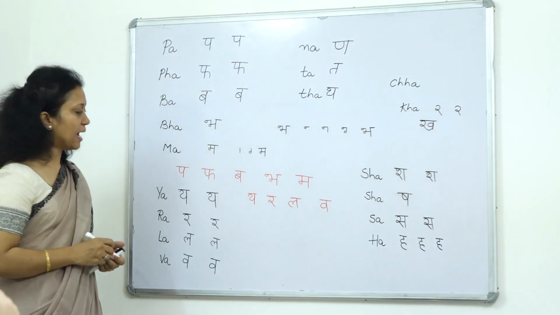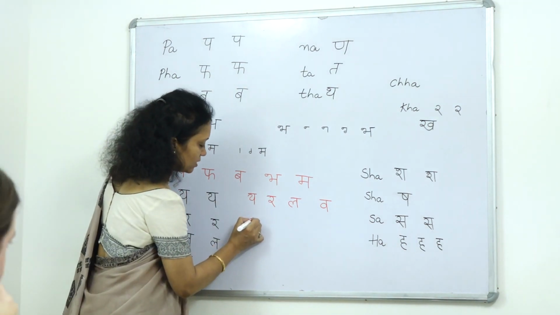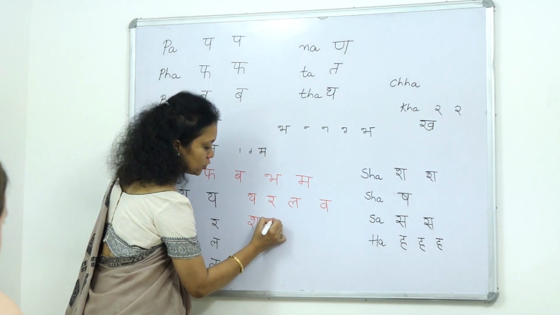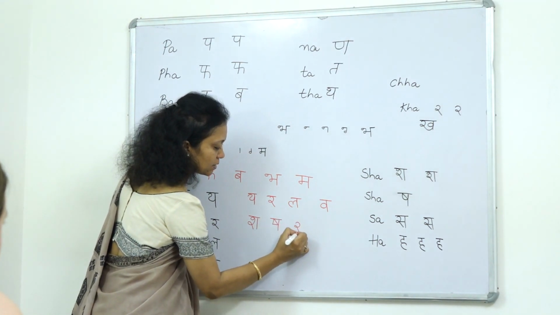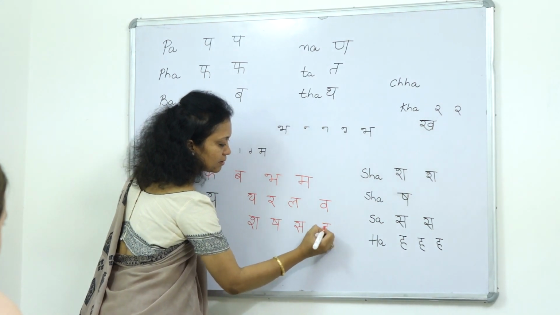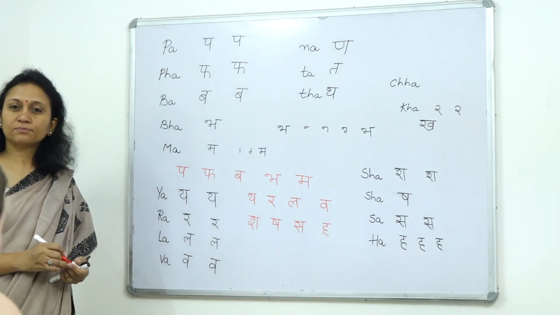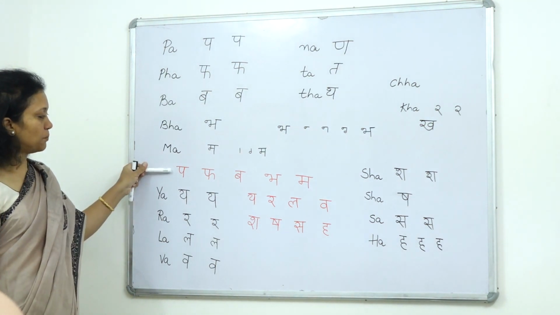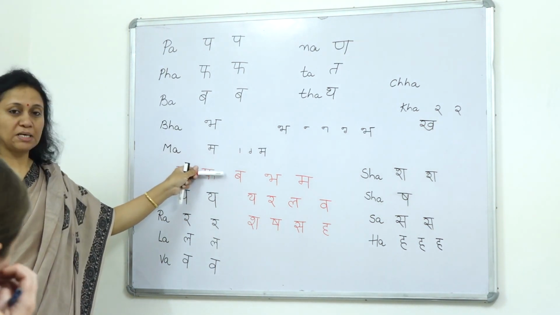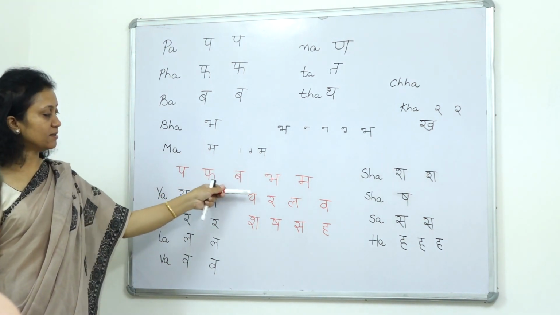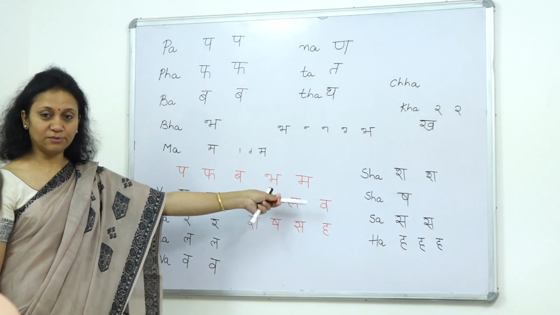Okay. Right? And when we do this, it is going to be sh, sh, s, h. So we've learned p, p, b, bh, m, y, r, l, v.